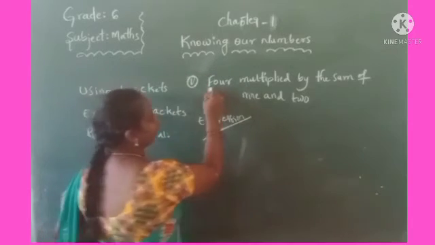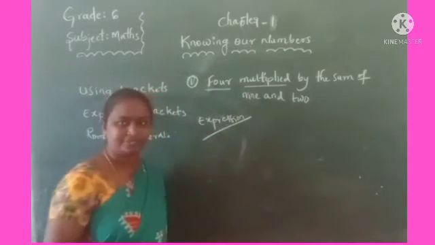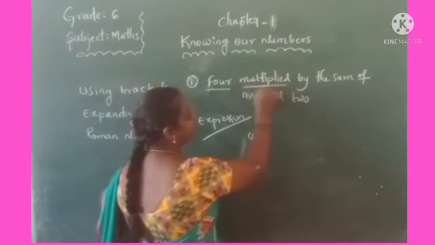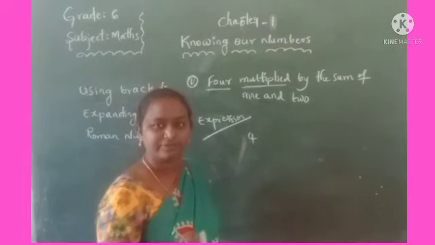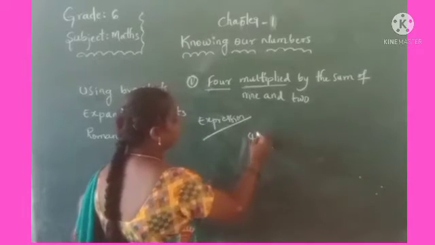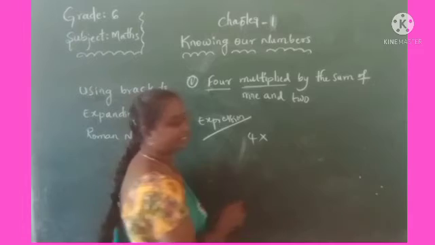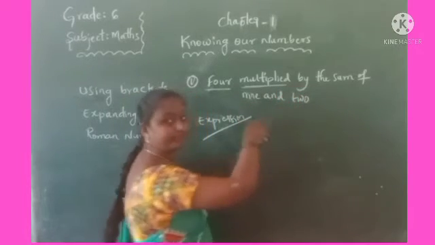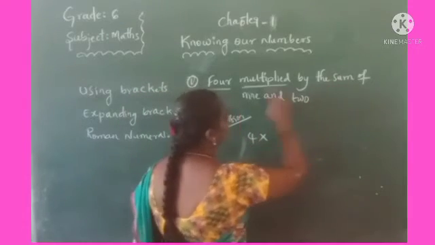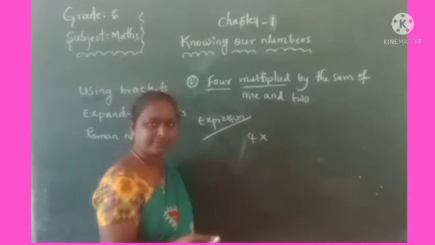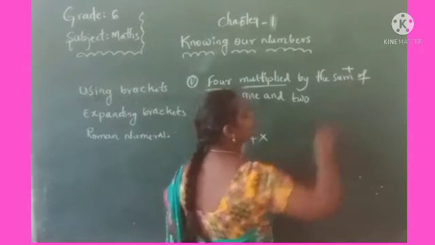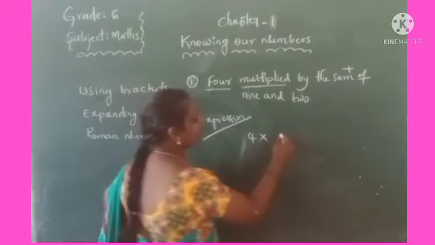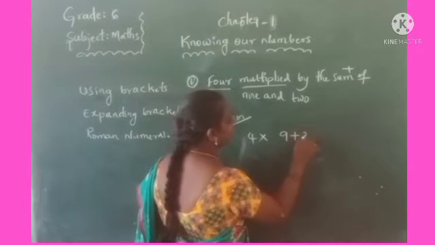Sum means addition. The sum of 9 and 2 means 9 plus 2.